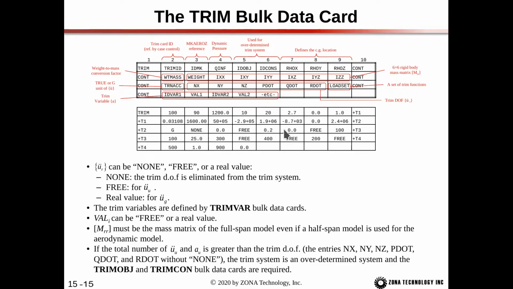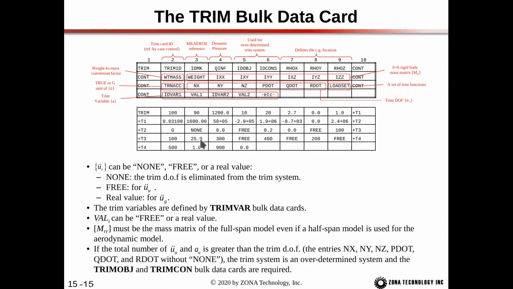So you can see that we're specifying some of the trim degrees of freedom, and then some of them we're leaving as free, and then one of them, NX, we're excluding from the analysis. So we have just 5 degrees of freedom here.